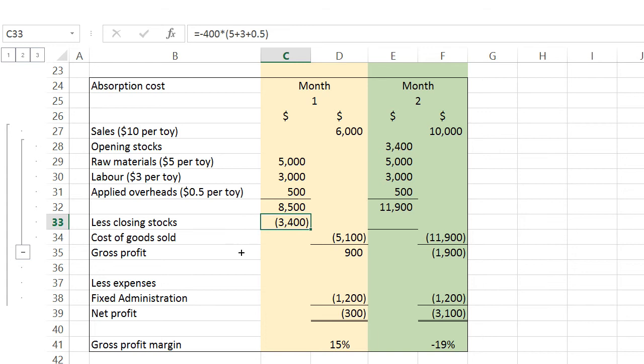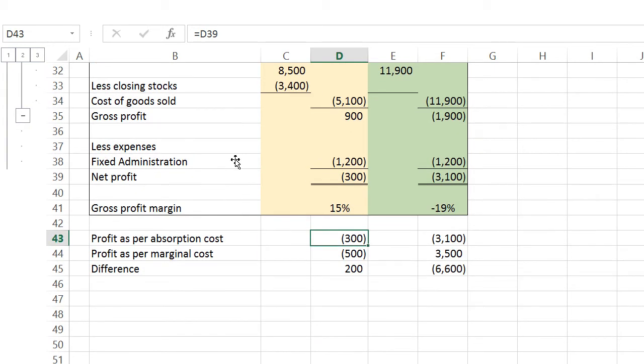That gives rise to the difference between the two net profits, 300 and 500, a difference of 200, which is actually the difference between the two closing stocks from marginal cost and absorption cost methods.